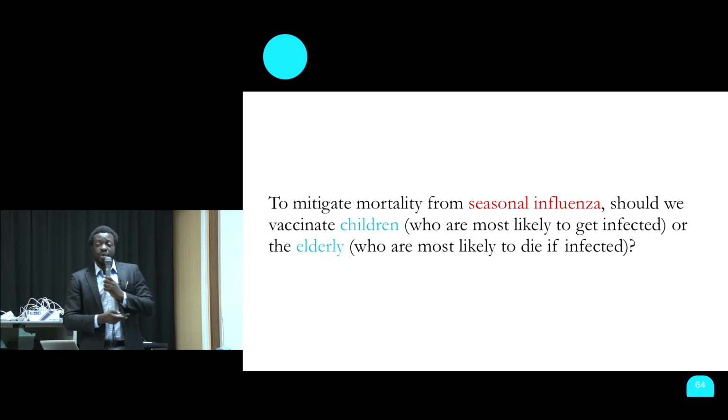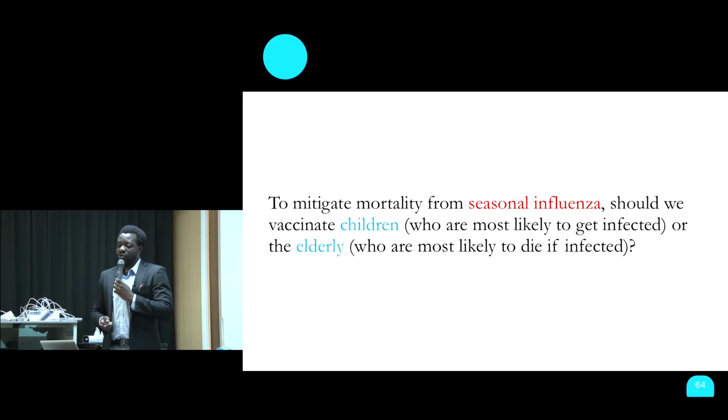Or should we prioritize and give the vaccine to the elderly because the elderly are most likely to die from the infection? Who do you think should be the priority for vaccination for seasonal influenza? Just think in your head for a few seconds.